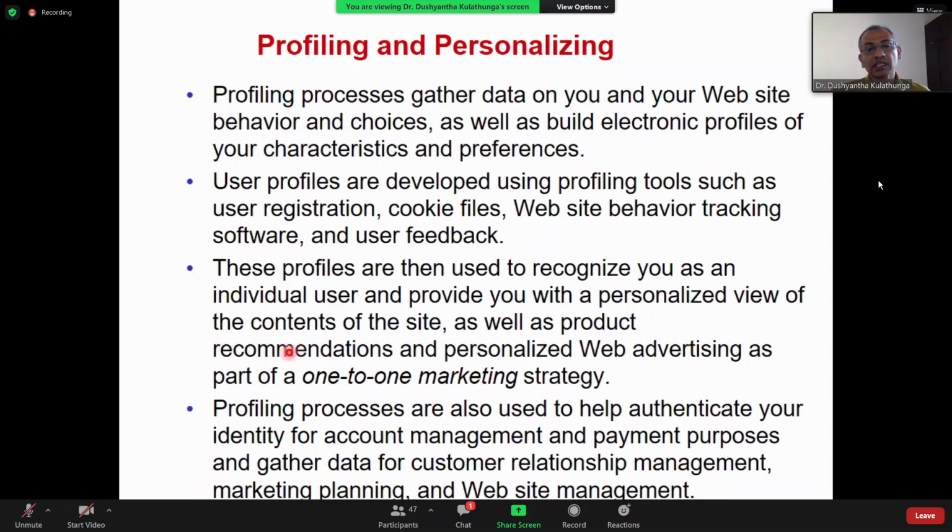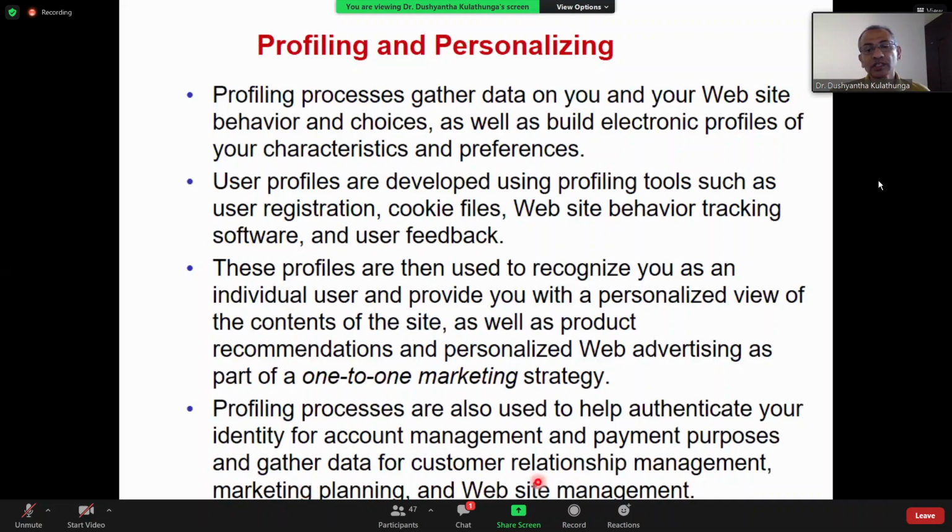And also for marketing planning, as we mentioned earlier, maybe for recommendations. When a new product is produced, you can identify to whom that is relevant. By analyzing the preferences of individual customers, you can see to which category or segment that is relevant, and then do marketing activities accordingly.